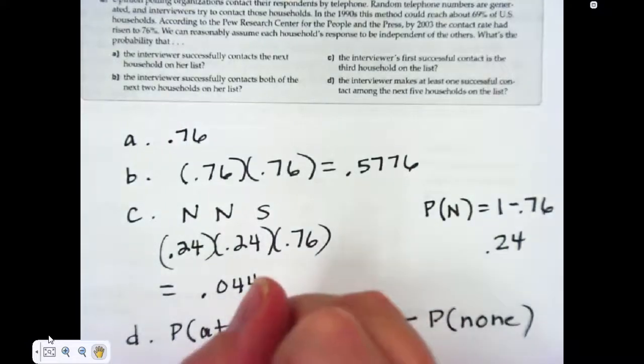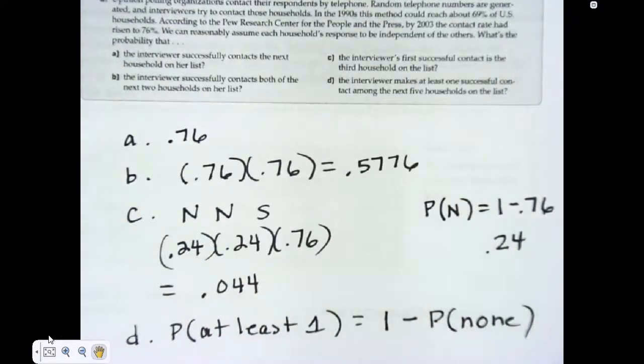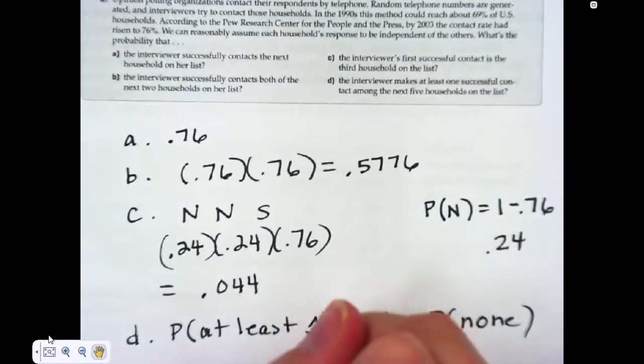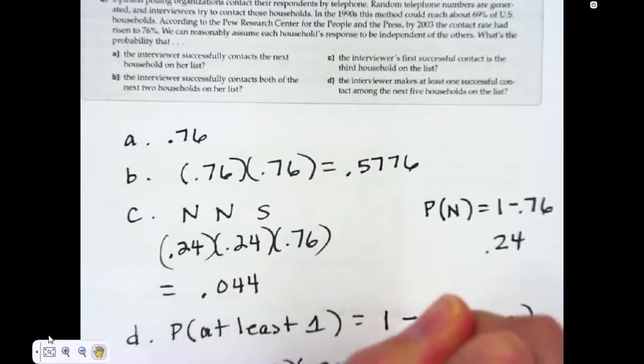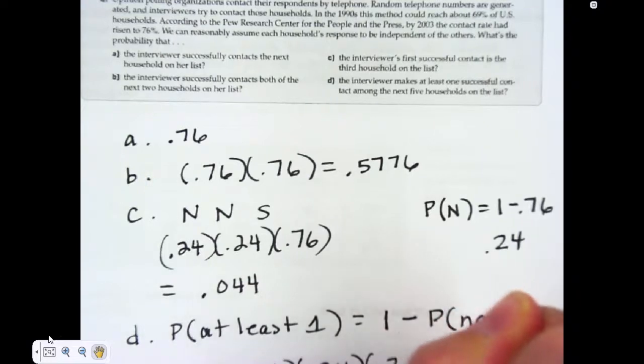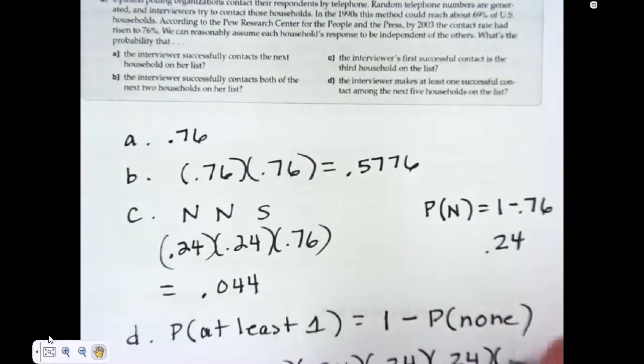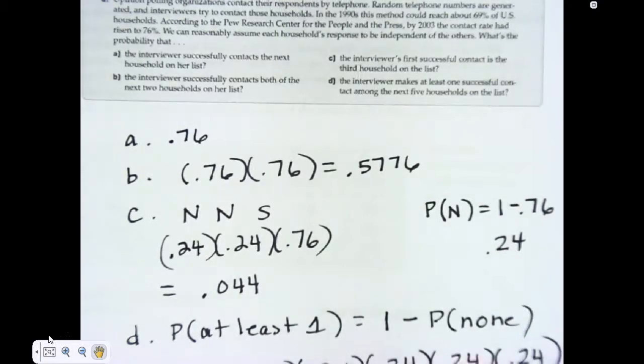And there were 5 households, so 1 minus 5 attempts, no success. So 0.24, 1 attempt, 2 attempts, 3 attempts, 4 attempts, 5 attempts. Now, I just wrote this out because there were 5 phone calls.